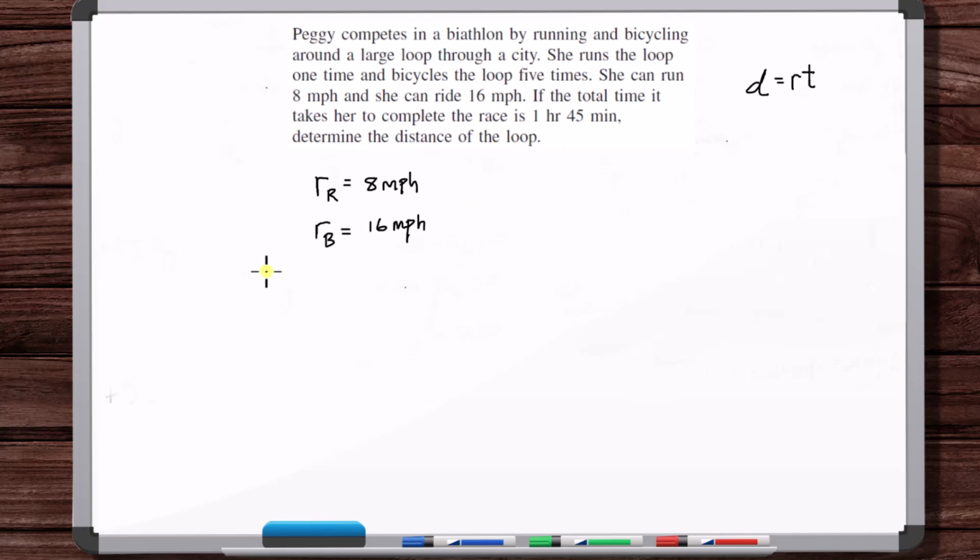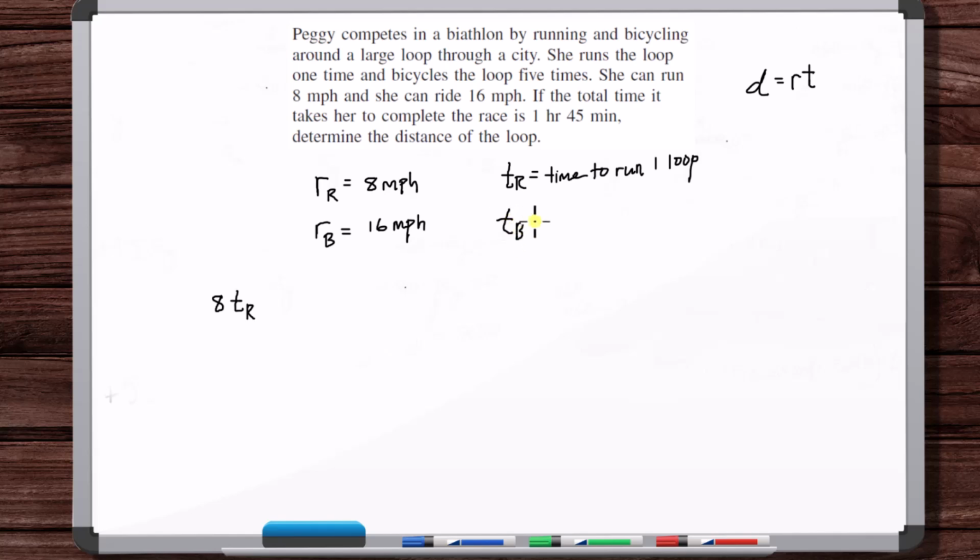So she runs the loop 1 time. So what is the distance she travels when she runs the loop 1 time? It's 8 times the time to run the loop. Right? You have to define your variables correctly here. So TR is time to run 1 loop.